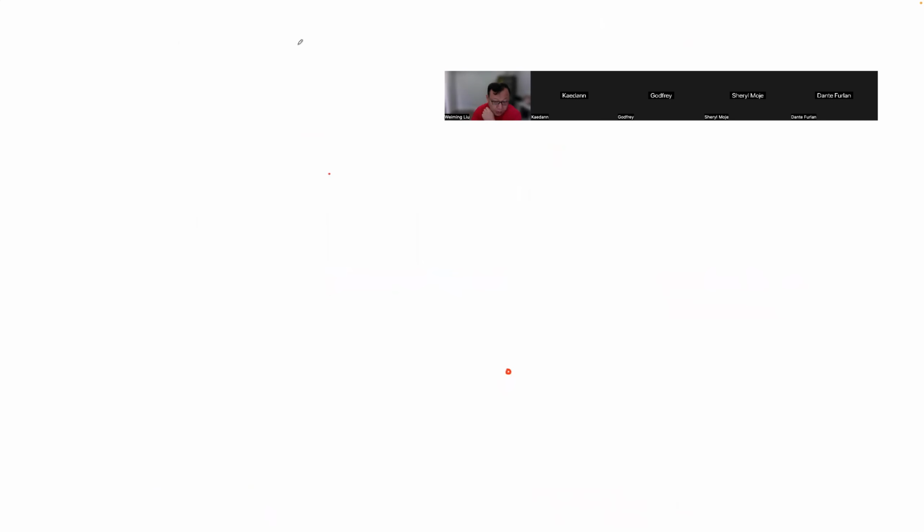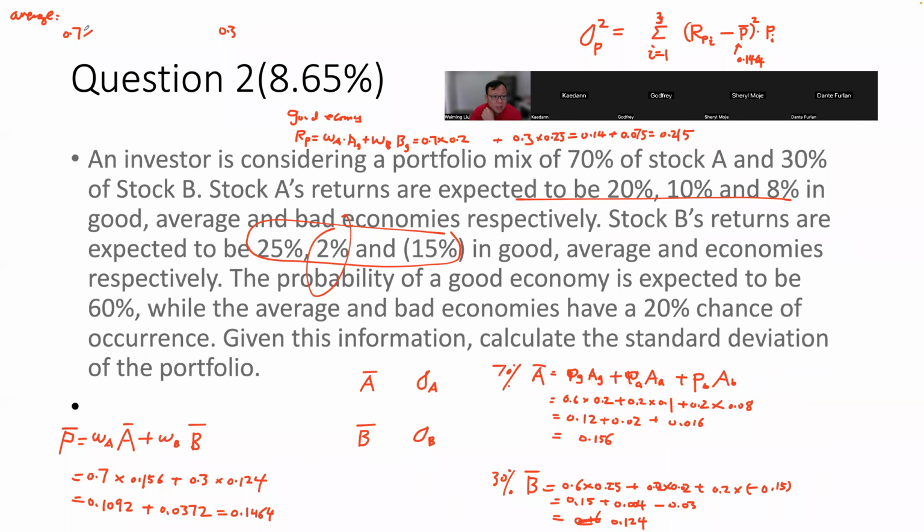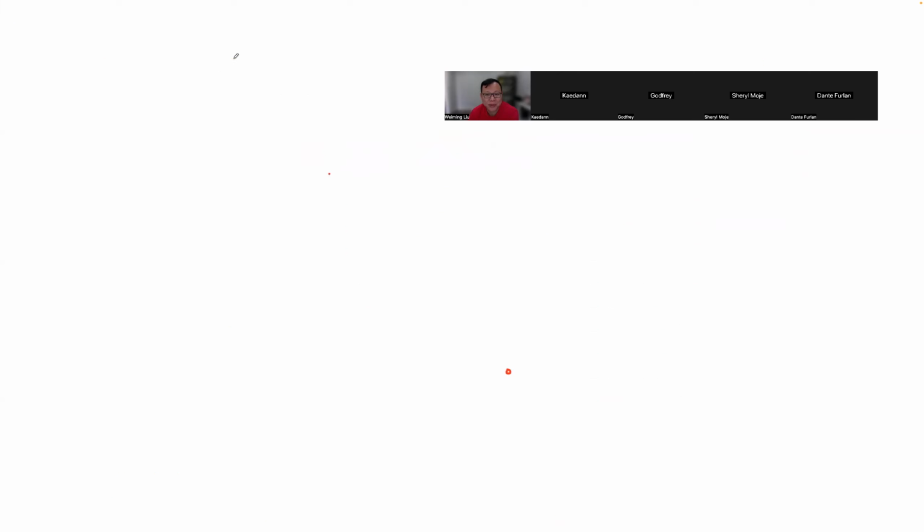A's return when it's average, the middle number, is 10%. B is 2%. So this gives me 0.07 plus 0.006, so I have 0.076. When the economy is average, the expected return of the portfolio is 0.076.